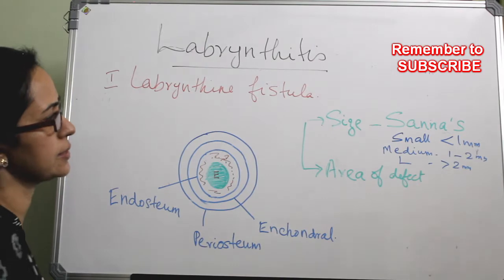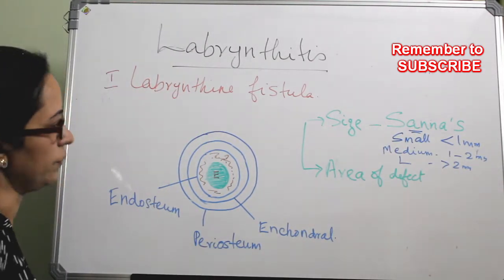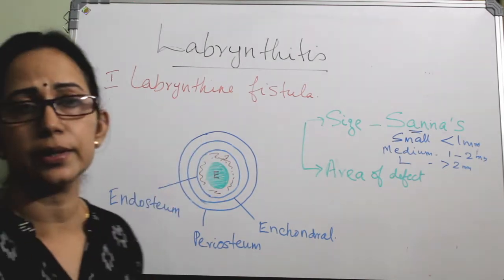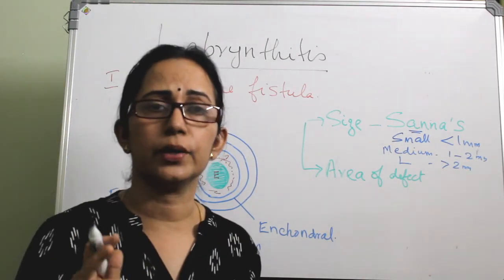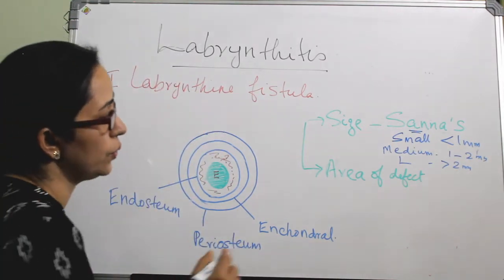That is by Sanna's staging. According to the area of involvement of these layers, it is divided into 4 types: 1, 2A and 2B, and 3, and that is by Dornhoffer and Milewski.